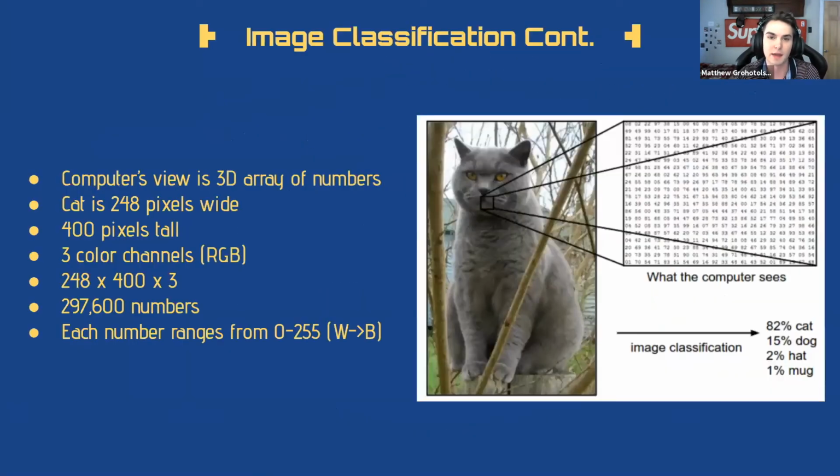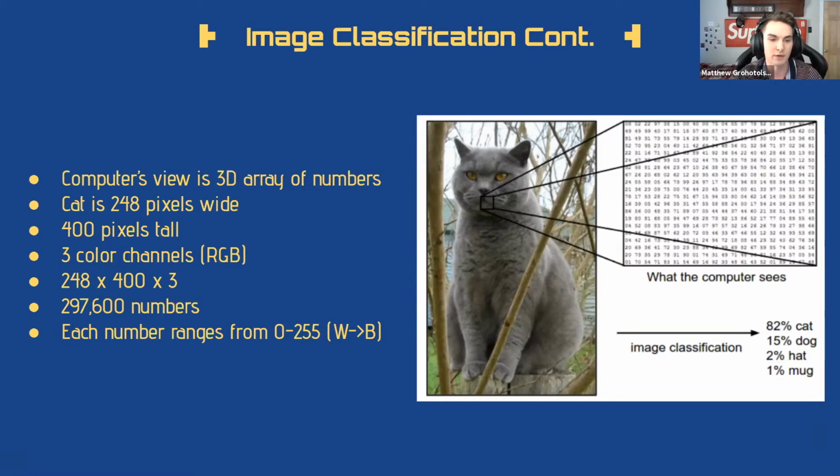And here's a good example of how an image classifier might work. So on the left hand side, you can see an image of a cat, and then on the right of that, you can see part of what the computer views, what the computer can see. So the computer's view is actually a 3D array of numbers. We could say that the cat is 248 pixels wide and 400 pixels tall. Then each pixel is actually comprised of 3 color channels for red, green, and blue.